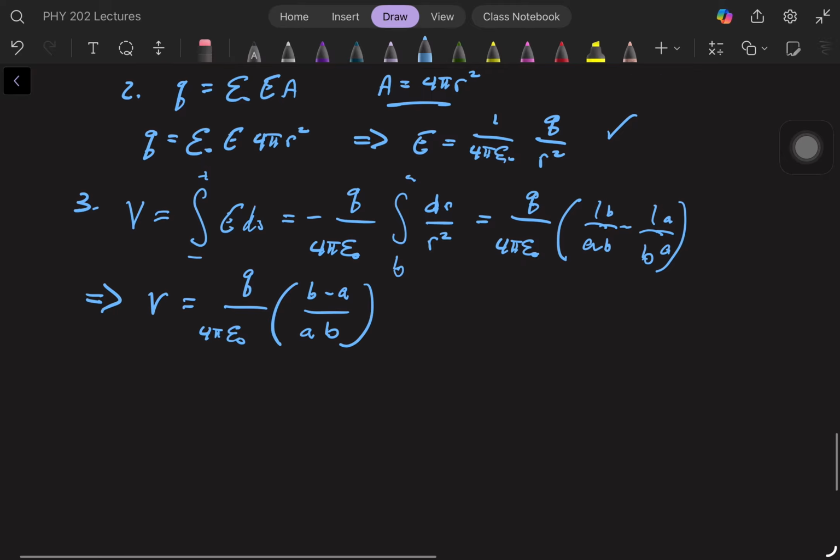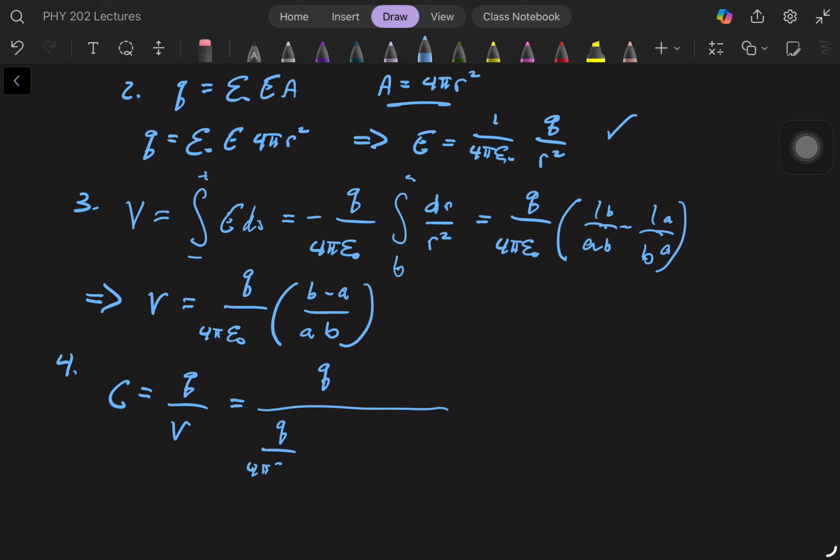Okay? And then we go ahead and do step 4. C is equal to Q over V. Again, we have a Q in V, so the Q's are going to cancel out. But let's go Q over 4 pi epsilon naught times B minus A times AB. Look at that, our Q's cancel. And we get, what do we get? 4 pi epsilon naught.